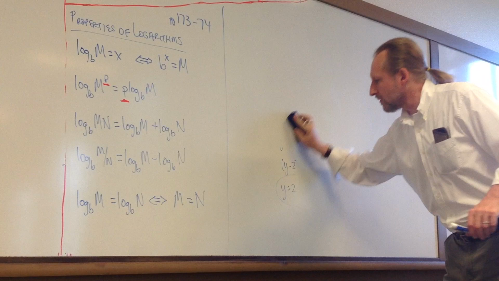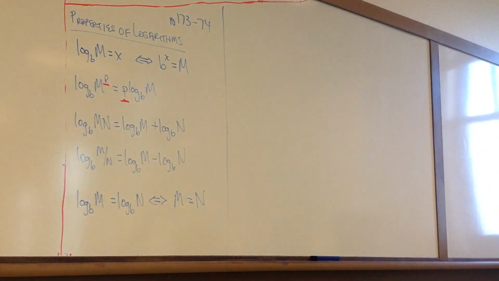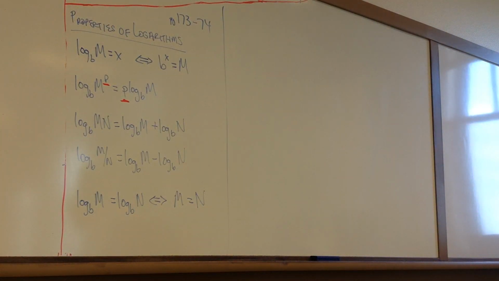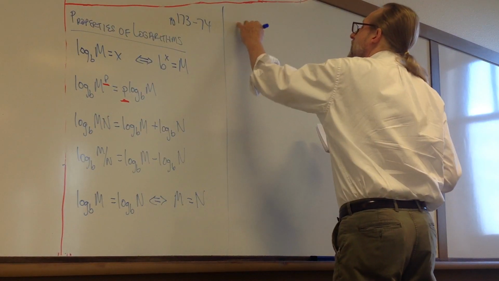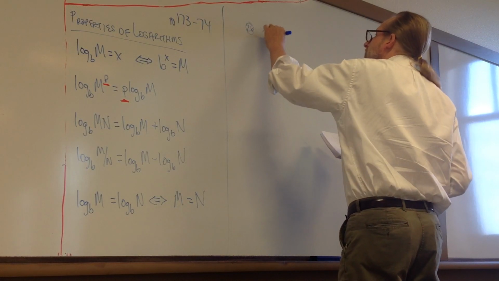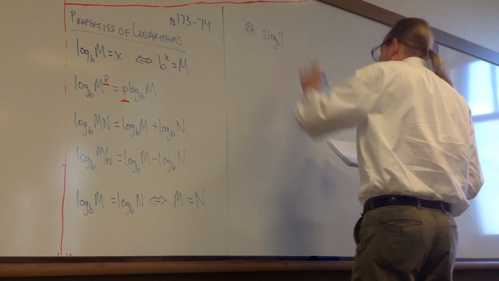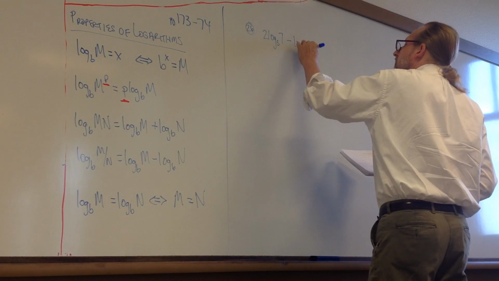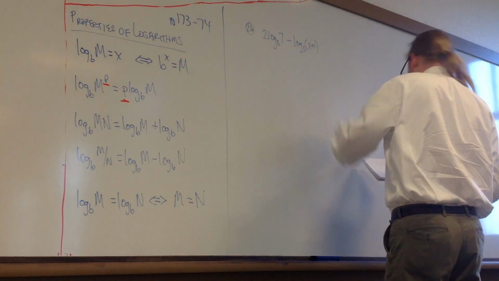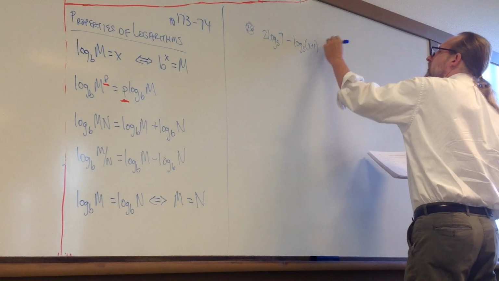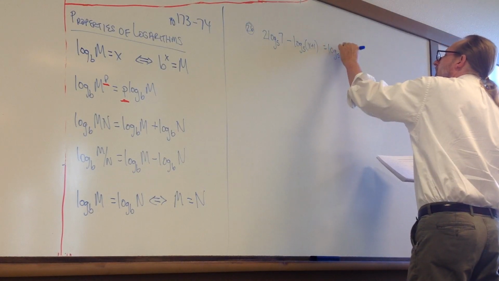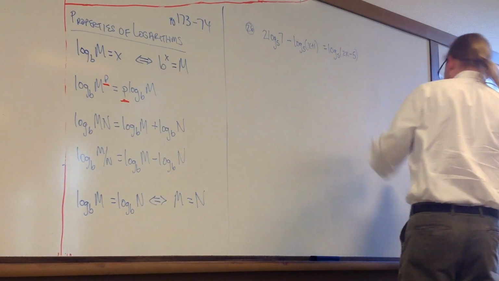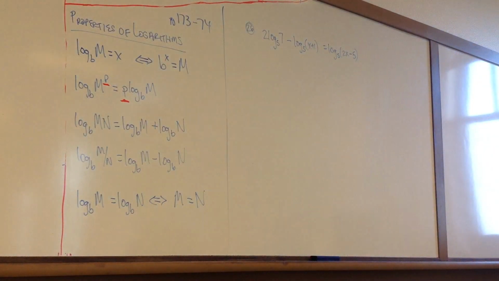There's just one more to look at here. Problem 26. Let's see here. 26. 2 log to the base 5 of 7 minus log to the base 5 of x plus 1 equals log to the base 5 of 2x minus 5.